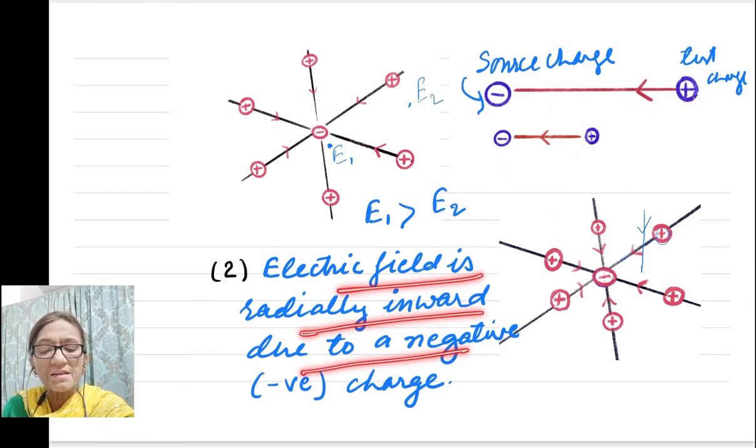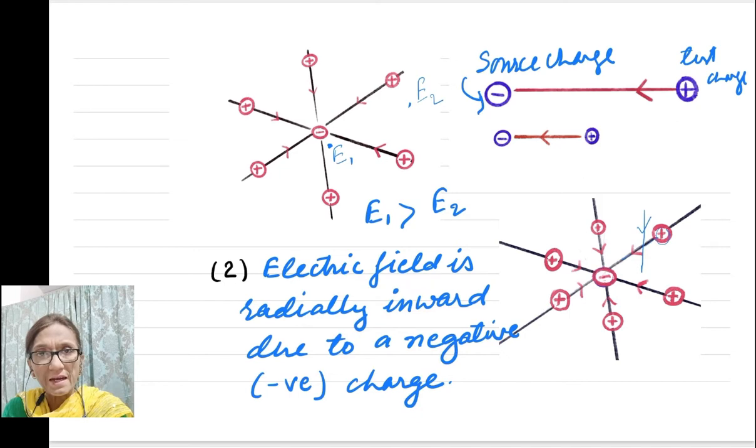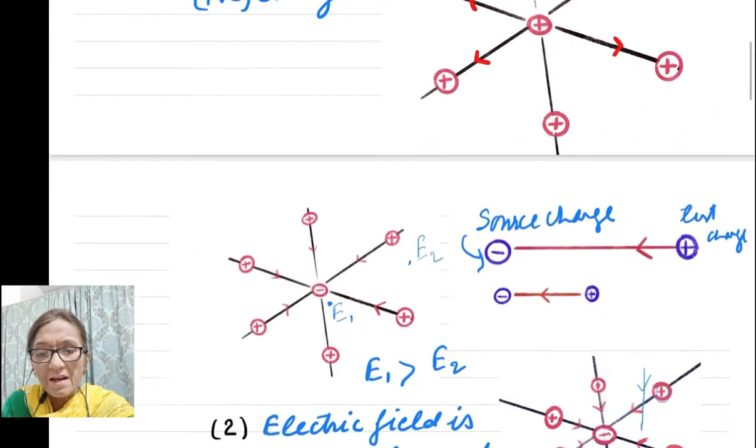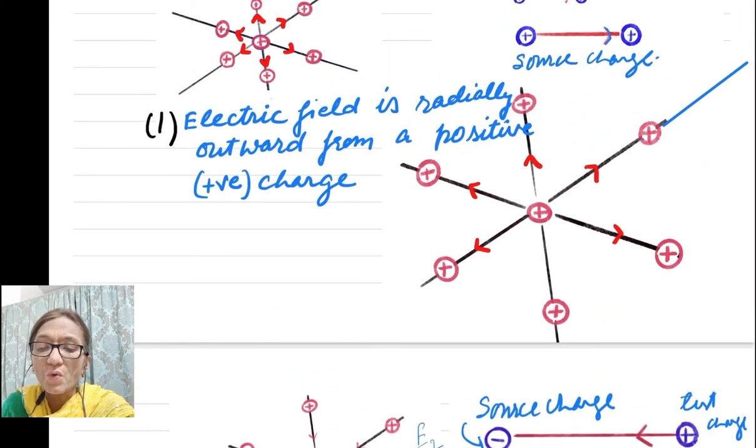Electric field is radially inward due to a negative charge. So this is how field lines give you the direction of electric field. What is the direction of electric field? It is radially inward towards a negative charge, and it is radially outward due to a positive charge.